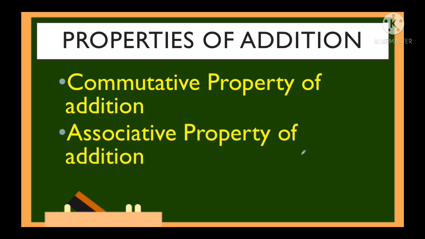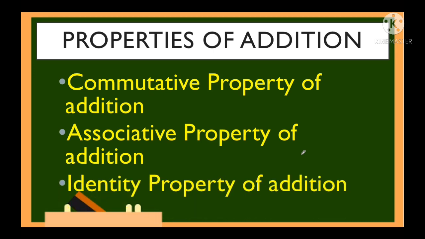Next one, associative. Associative. Alright, associative property of addition. And the last one is identity. Identity. Alright, identity property of addition. So remember these 3. Alright.